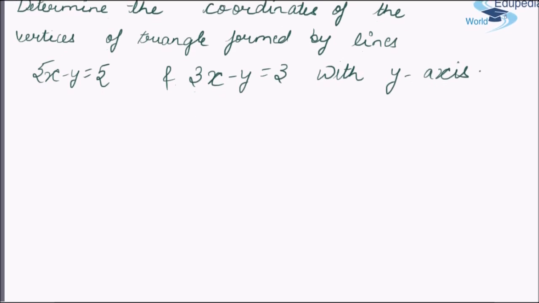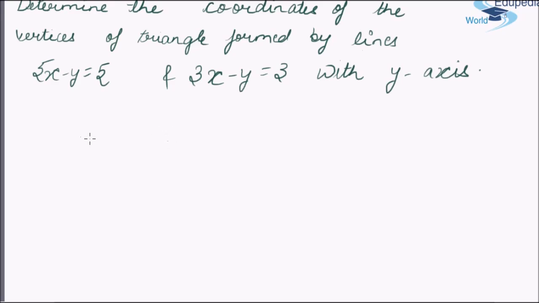Friends, before dealing with the question, I would like to share with you how to know whether the given equation of line represents an increasing curve or a decreasing curve, that is an upward going line or a downward going line.